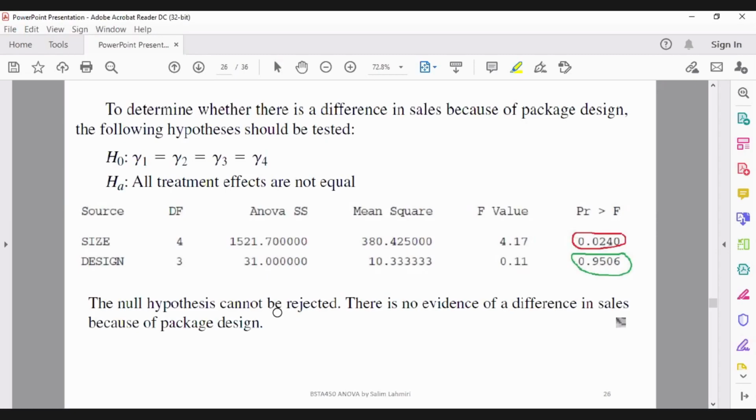So the null hypothesis cannot be rejected. There is no evidence of a difference in cells because of package design. But it is rejected for size, and not rejected for package design. Any question regarding these results?